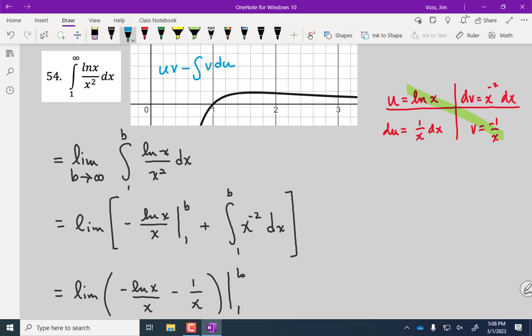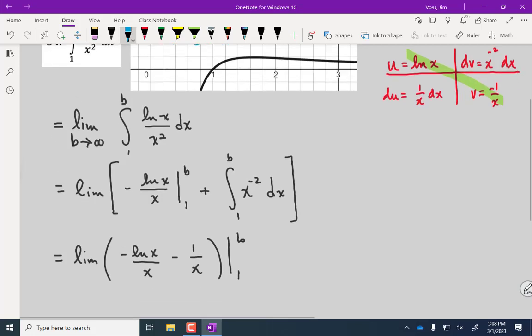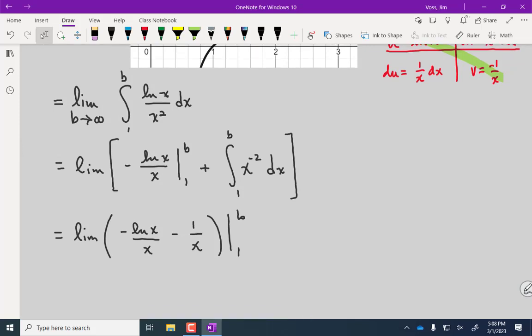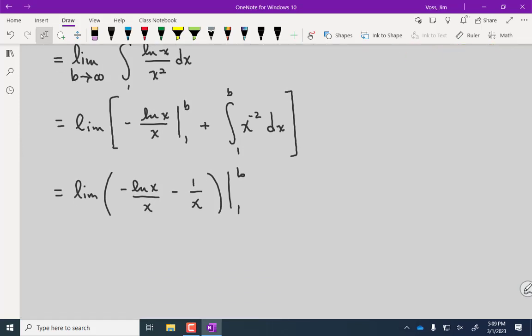That's all good. So, is it going to be infinity? I don't know. Let's find out. Well, it's negative infinity. Keep your hold on. Let's plug in our limits. So does everybody agree with that? Plugging in the upper and lower limits. Yes.